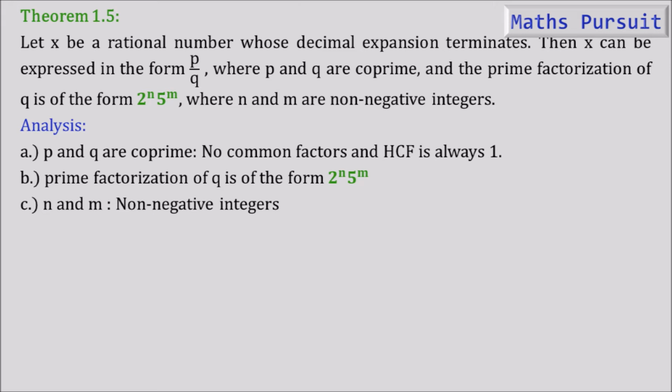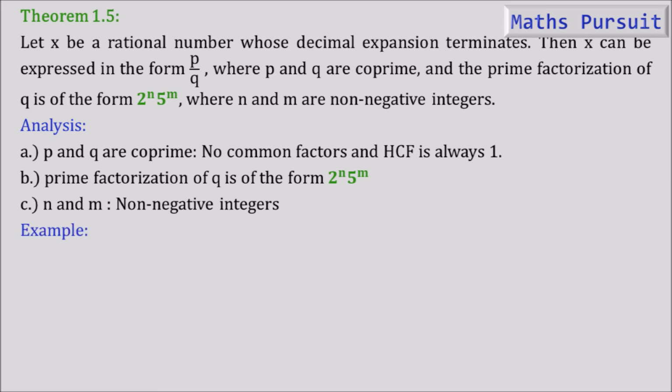Similarly, we have expressed the q value, where the prime factorization of q is always of the form 2 to the power n and 5 to the power m. If this is the property, then definitely the rational number will terminate. It will not recur. And n and m are non-negative integers.